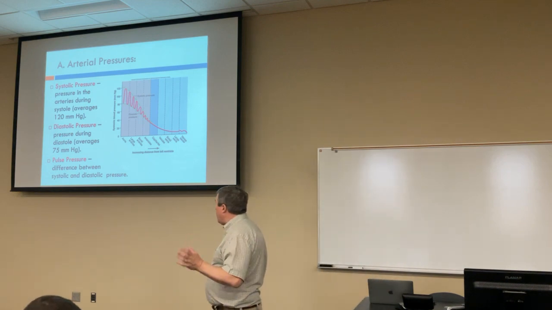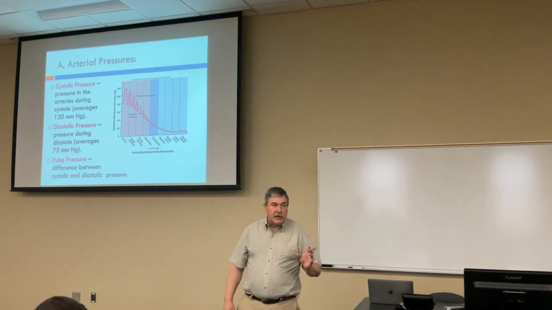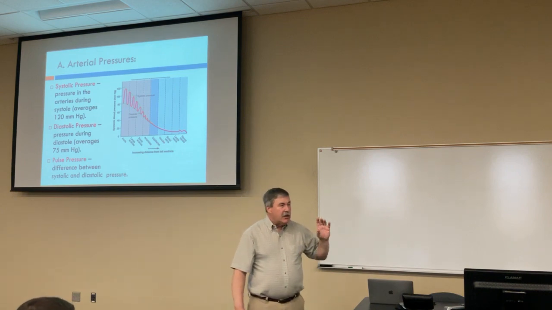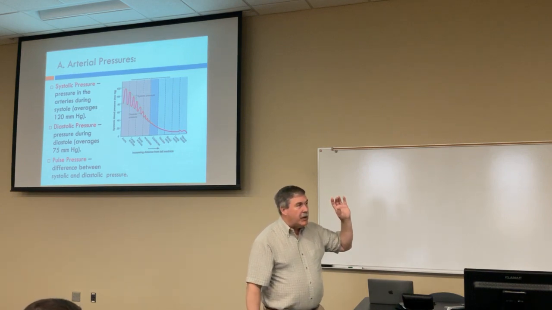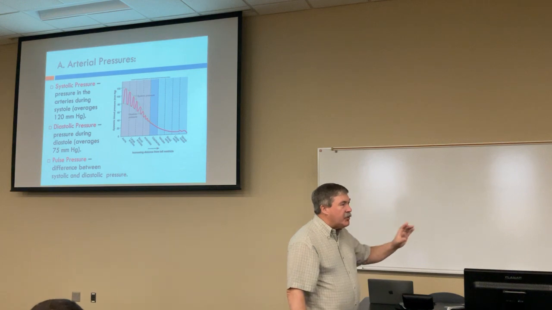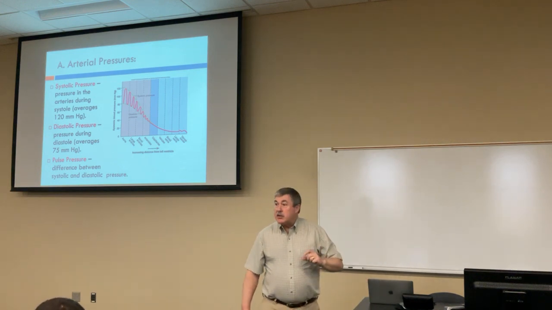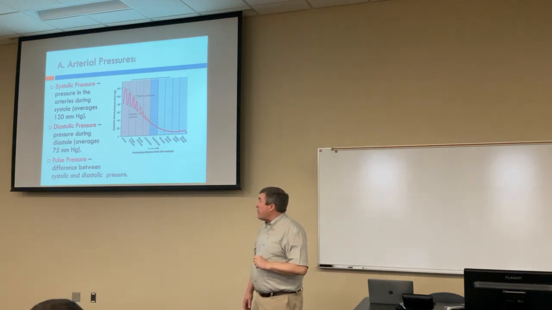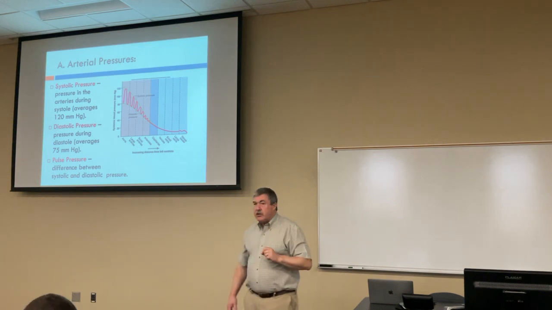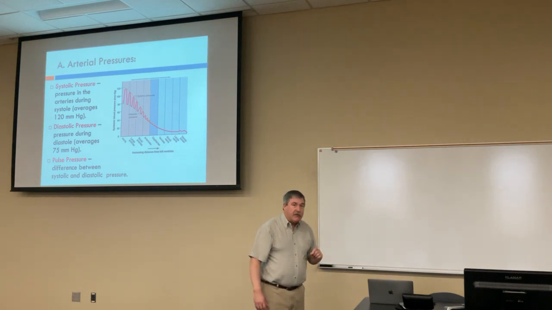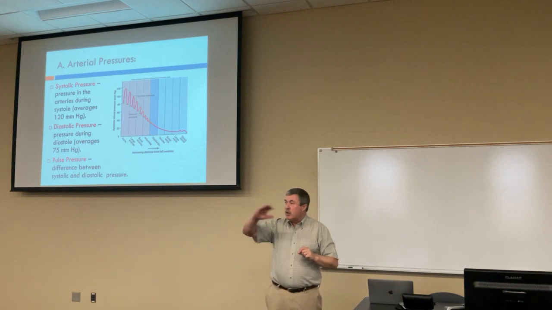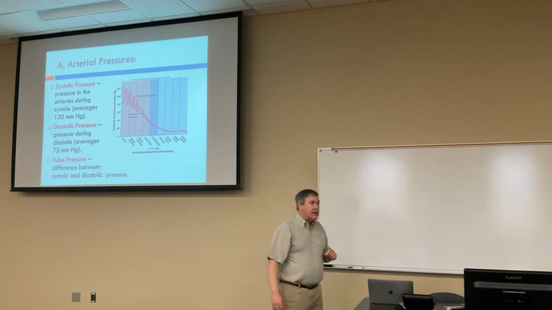Now, the reason the pulse pressure is important is because by knowing the pulse pressure, you can calculate what's called the mean arterial pressure. The mean arterial pressure is the average pressure over the course of an entire cardiac cycle.